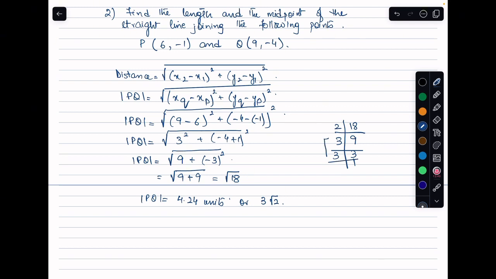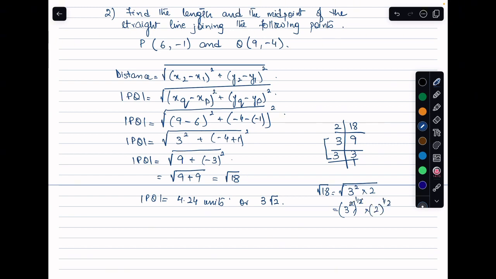So this under root 18 can be written as under root of 3 the whole square into 2, or I can say this is 3 square to the power 1 by 2 into 2 to the power 1 by 2.